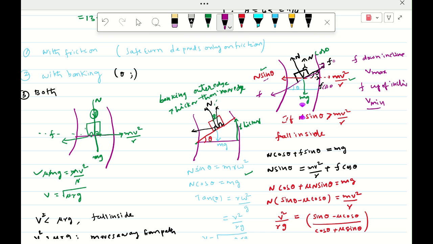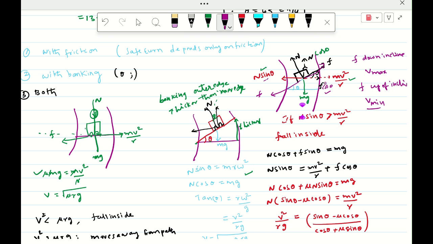So when f is up the inclined plane, f cos theta comes and adds here. When your vehicle velocity is less, the n sin theta component due to banking angle will be more, and there is a chance to fall inside. That is the reason friction is acting upwards along the inclined plane.